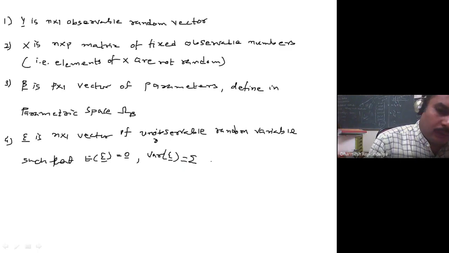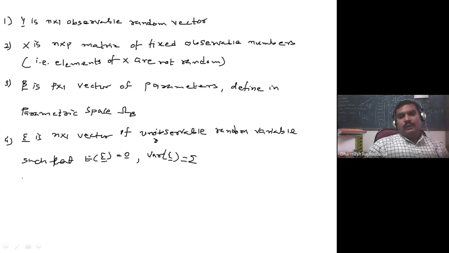Because here we are not saying whether the diagonal elements are the same or the off-diagonals are different. We are not saying anything. Once we put the assumption that the variance of epsilon is sigma square I, the model becomes homoscedastic. Okay, so we will come to that later. So these four assumptions introduce the general linear model.